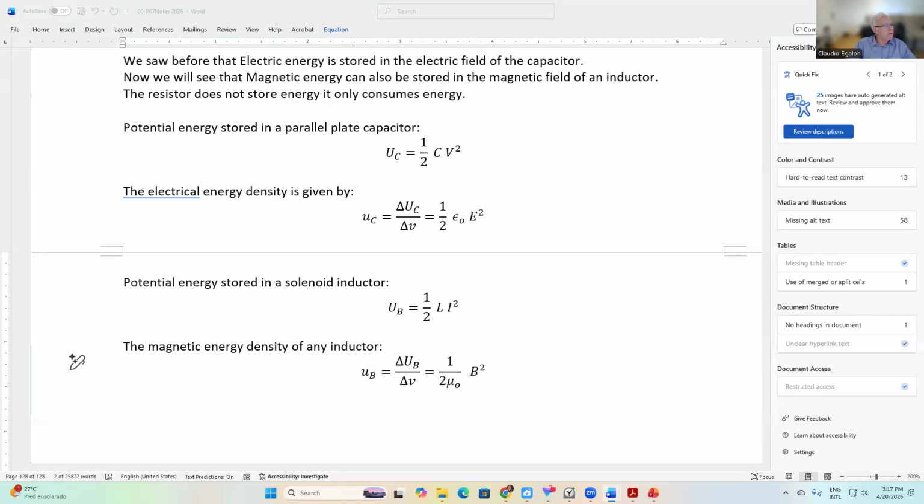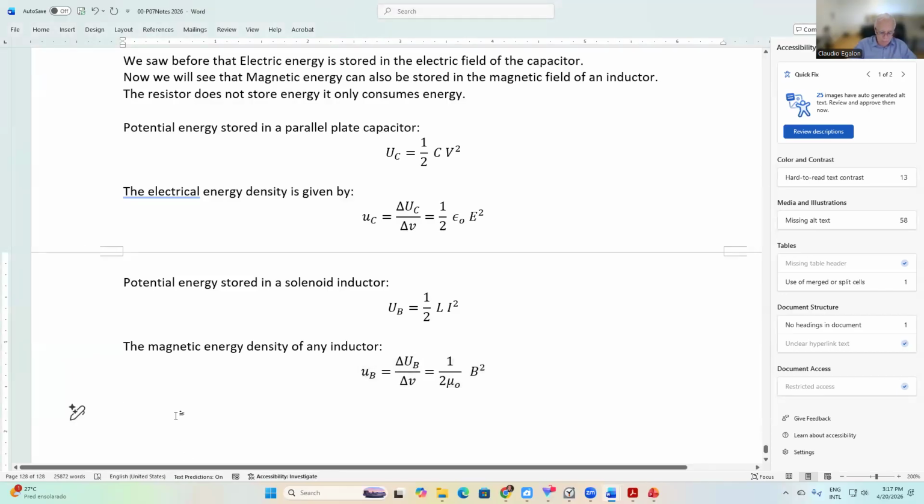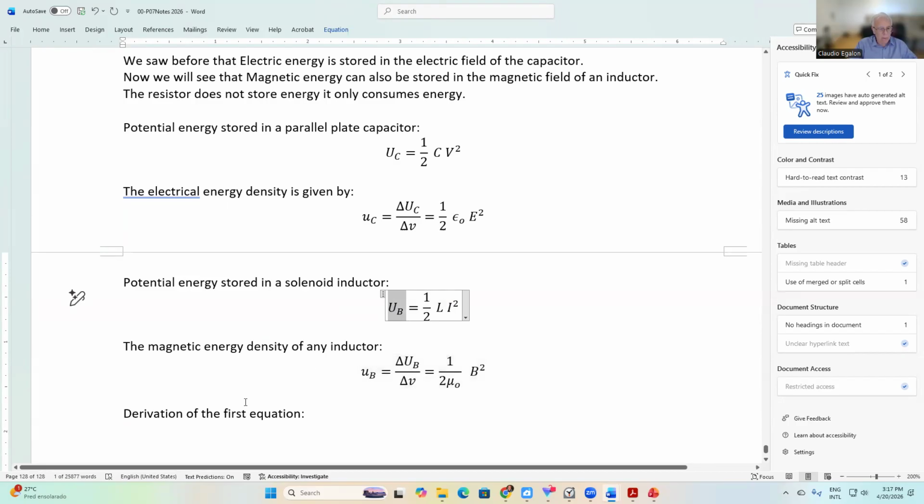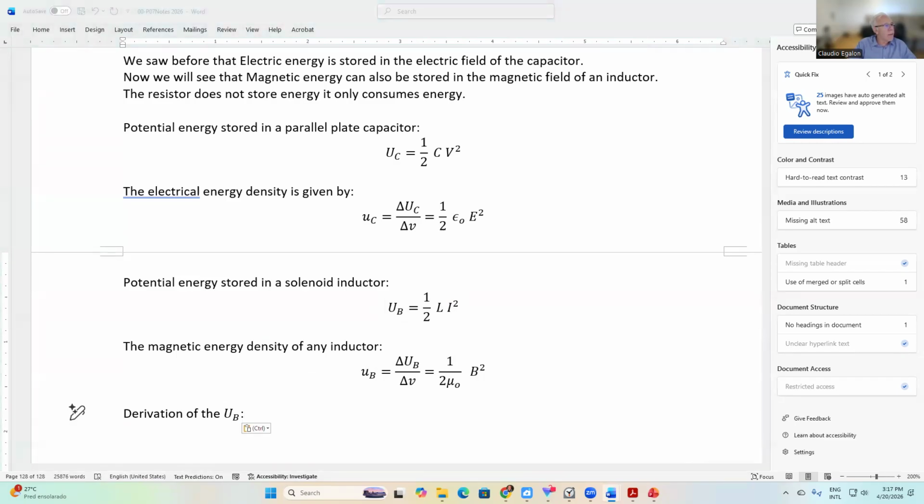But let's derive that. It's always good to do that. We are going to do the derivation of the first equation. Derivation of U sub B. The step-by-step is very similar to what we did for the capacitor.